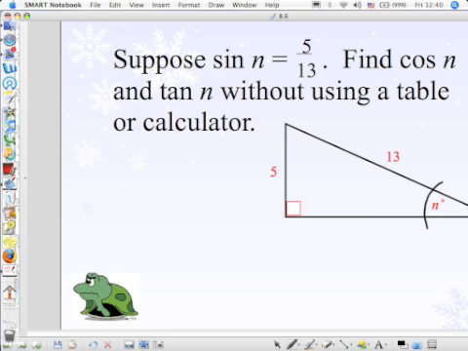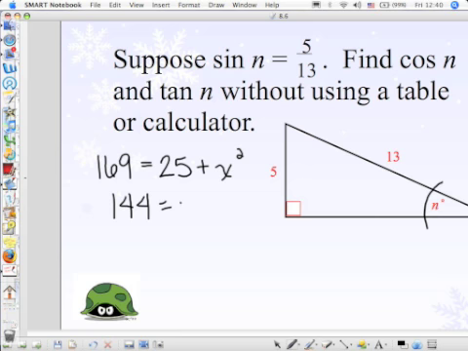The hypotenuse squared, so 13 squared, will be equal to 5 squared plus our missing side squared. When you subtract 25 from both sides and take the square root of both sides, our adjacent leg has a measure of 12.